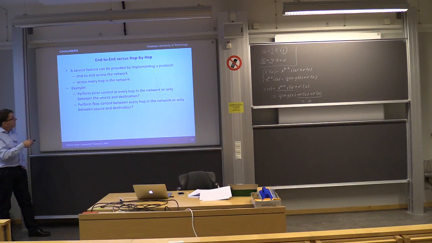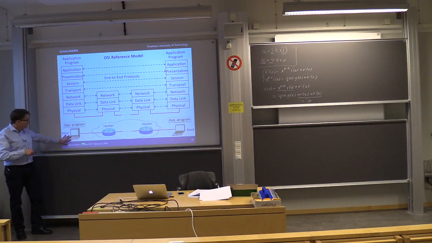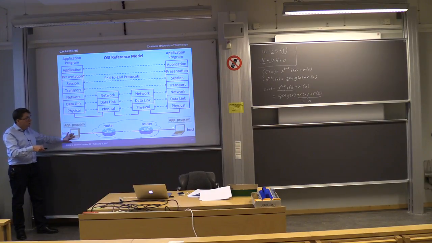So error control, should we do that at every hop or only between the source and destination? If we have here two end nodes that need to communicate with each other through several routers, for instance, the information flow goes down, then over a physical layer, up in the network layer, down, up, down, like this.